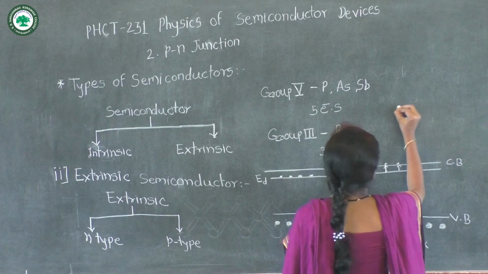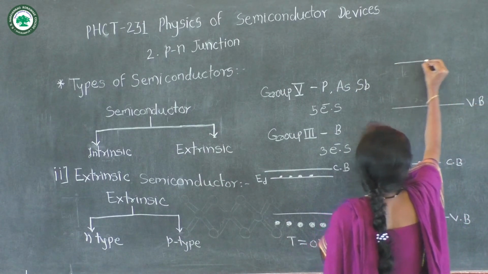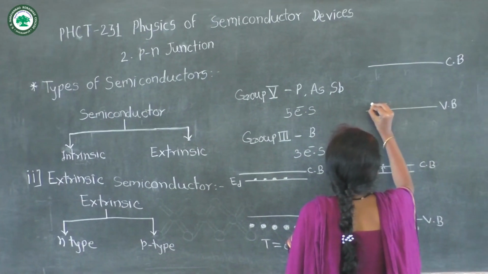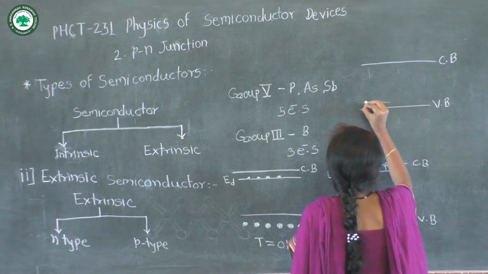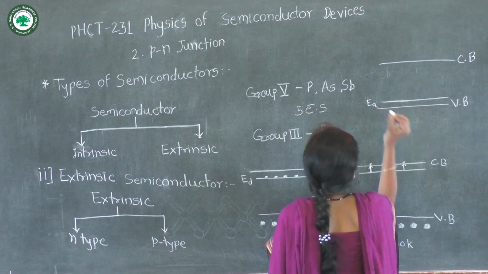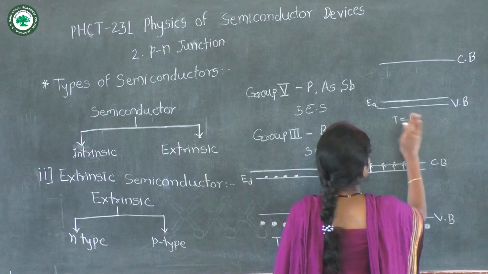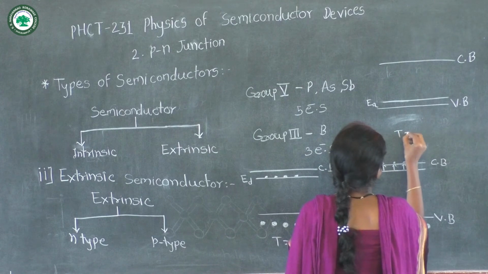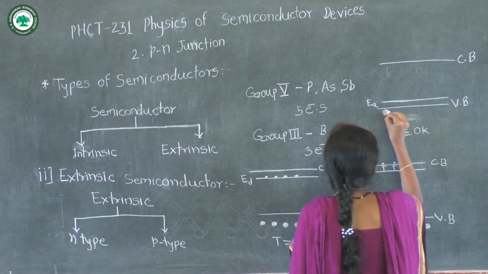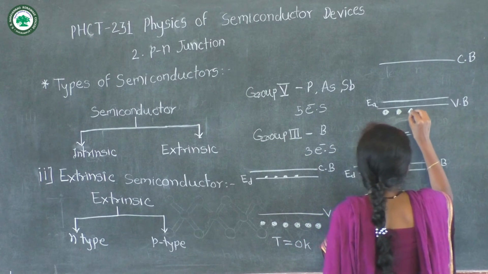So if this is the valence band edge, this is the conduction band edge, and this is the acceptor energy level, then at T equal to 0K, this is the situation when group 3 impurity is introduced to the semiconductor.